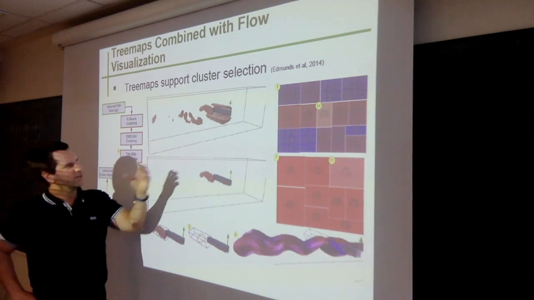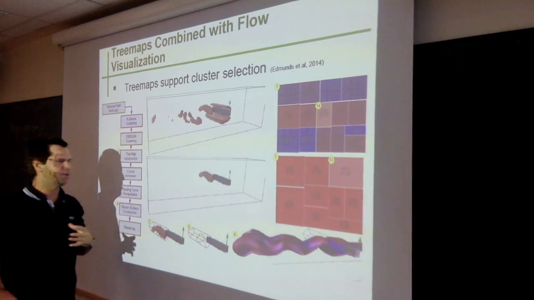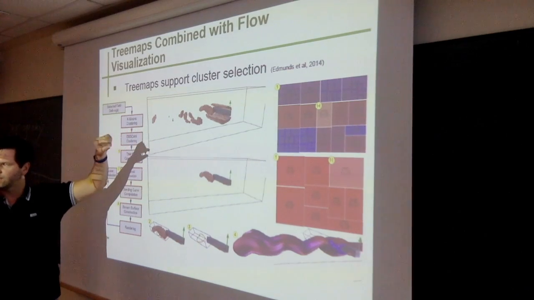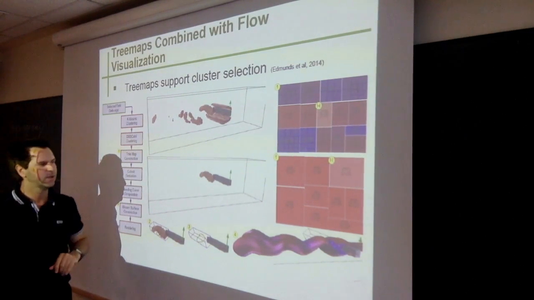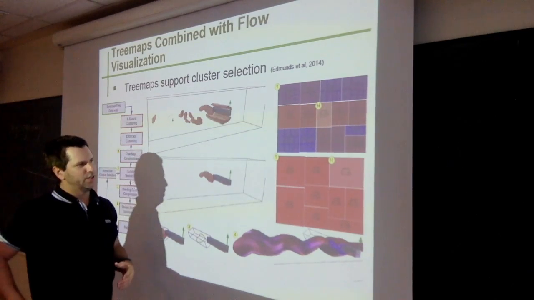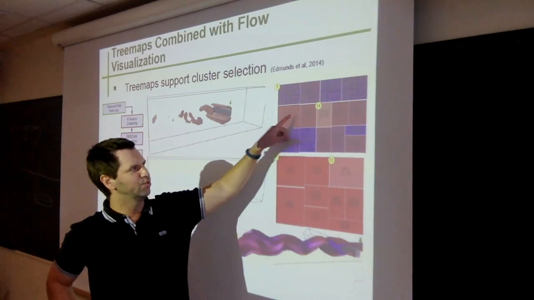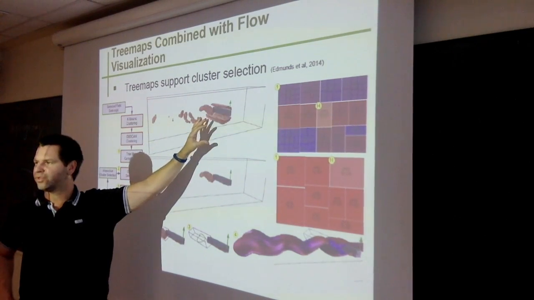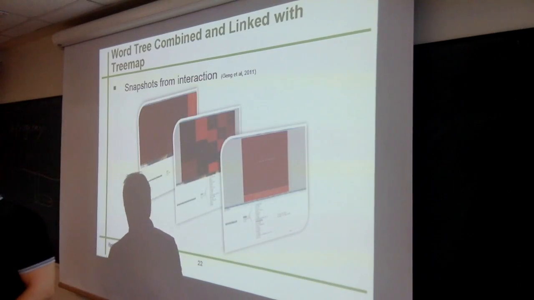It's difficult to pick a cluster in here and then bring up properties about that cluster because it's a three-dimensional space, and clicking is inherently more of a 2D operation. But it's easy to click and choose clusters in a tree map and then see where they appear in the 3D space and find out more about them, and so on.